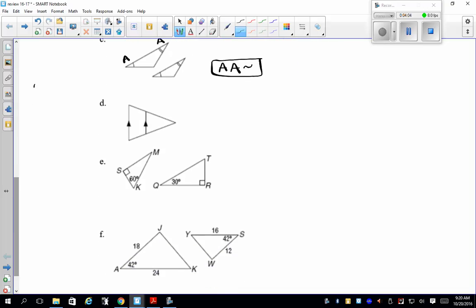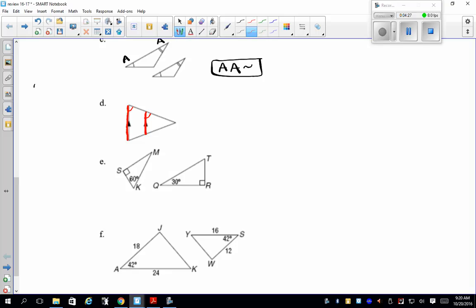Part D, okay, similar picture to number 1. I have overlapping triangles, and these parallel lines going across these two sides mean that I can put corresponding angles to be congruent. And we know this from chapter 2. Corresponding angles are congruent when I have parallel lines. So those two angles I know are going to be congruent.